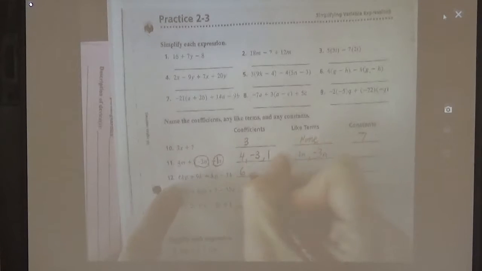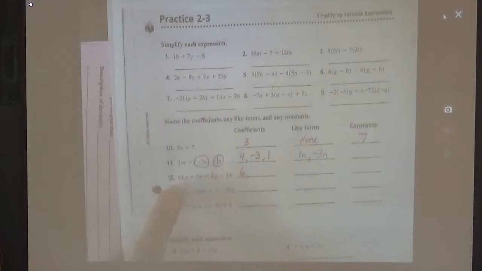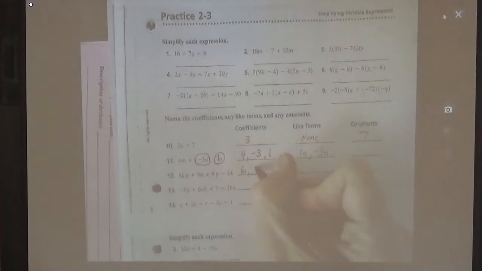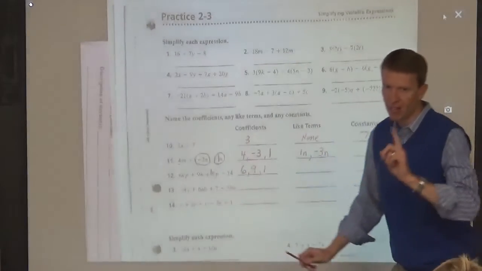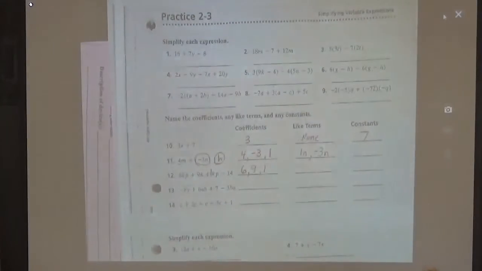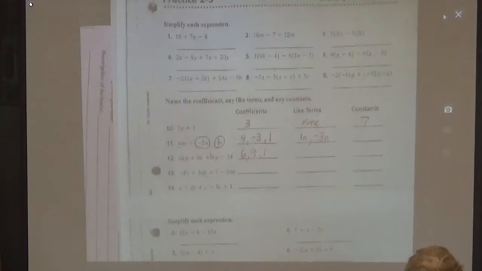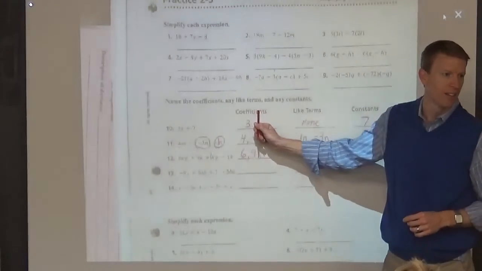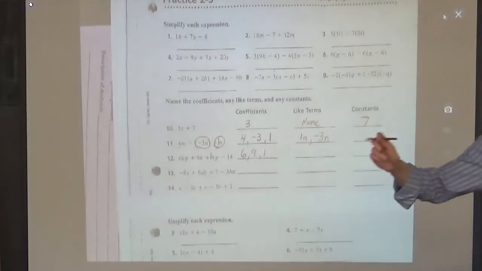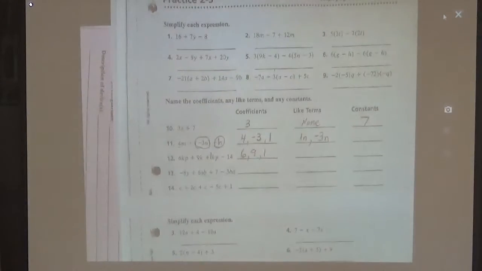Right, we're just looking for the numbers. 9 and 1. 6, 9, and 1, because this says just kp, that means that the coefficient is 1. K is not a coefficient because a coefficient is a what? It's not a variable, it's a number. Right. Coefficient is a number.